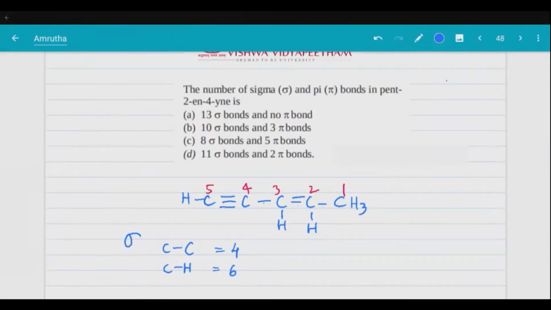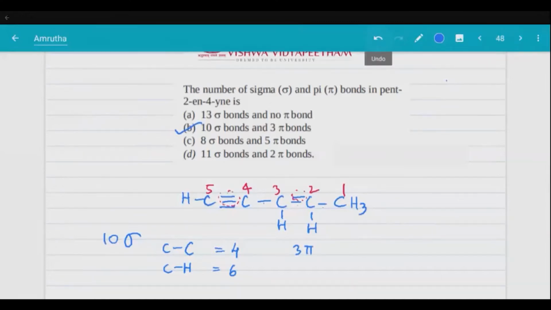10 sigma exactly. Now if more than one bond is present, then they must be pi. Here 2 pi: these bonds, and this bond. So 10 sigma bonds, 3 pi bonds. So we must know the structure, then we can easily do it.